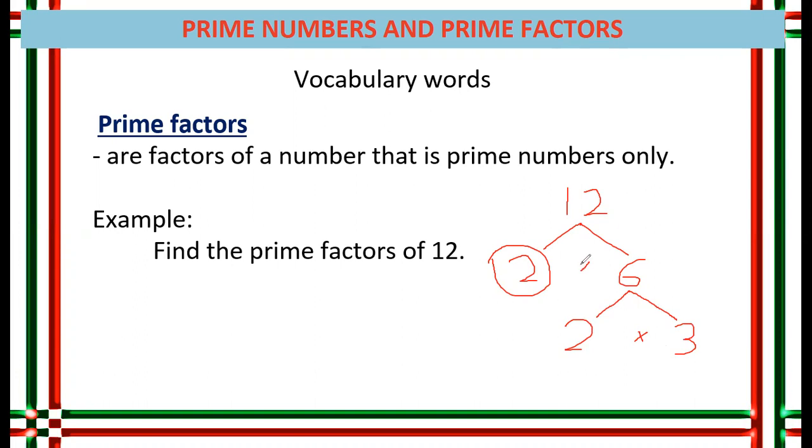Okay? So now let's think. Of course, 2 is a prime number and 3 is also a prime number. Therefore, let's circle it. Now, since there's no more number that is not circled, we already found all the prime factors of 12. Then you are going to write it down.